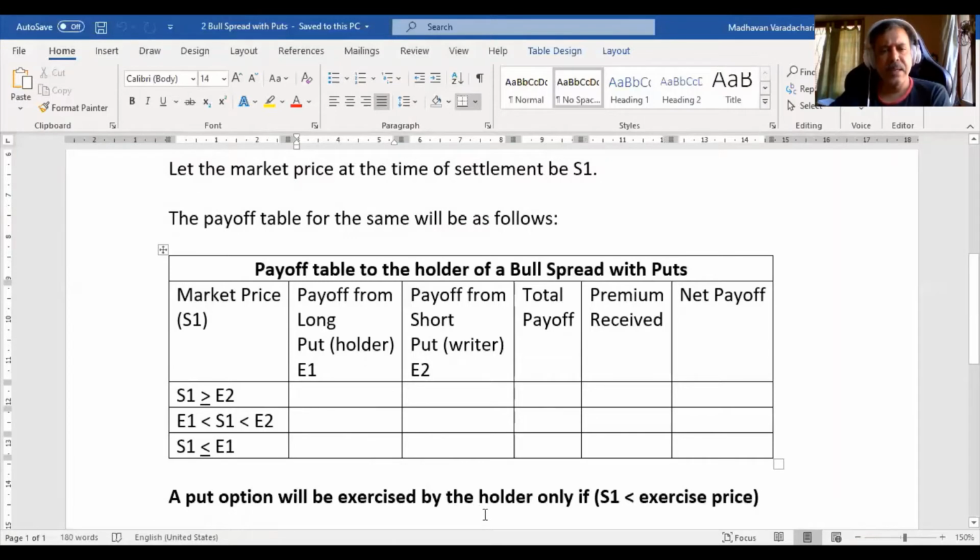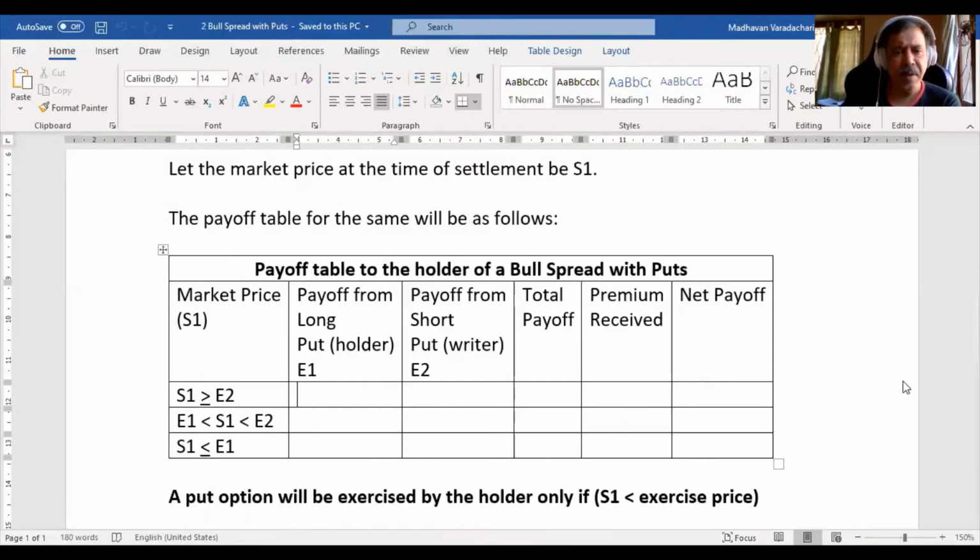This is the basic: a put option will be exercised by the holder only if the market price is lesser than the exercise price. So here I am the option holder, that is the put option holder, because it is a long put. That means I am the holder and my exercise price is E1, right? Market price is larger than the largest exercise price, which means it will be larger than even my exercise price. Since it is a put option, I will not exercise.